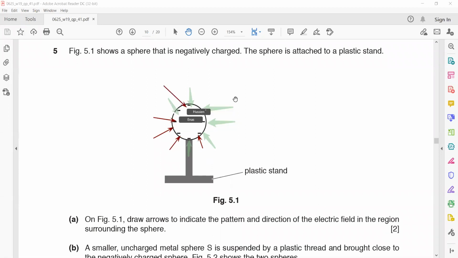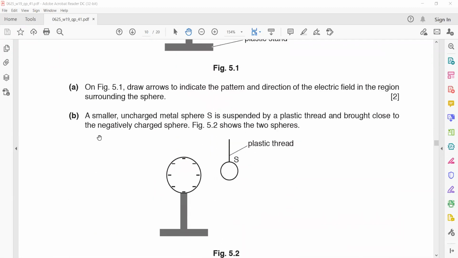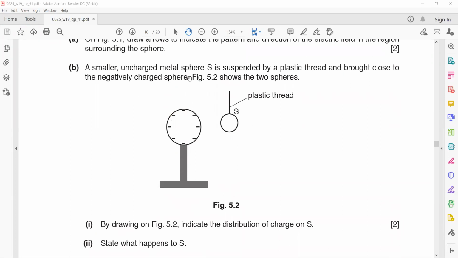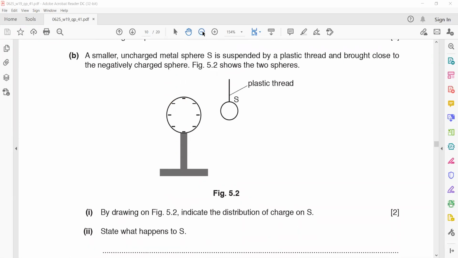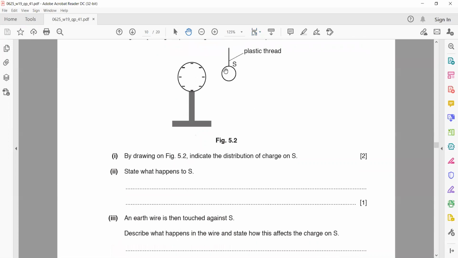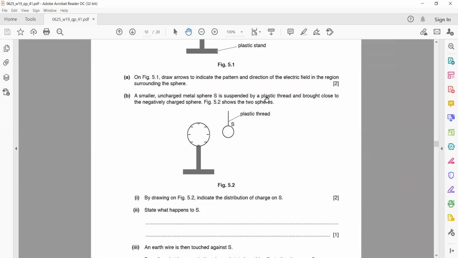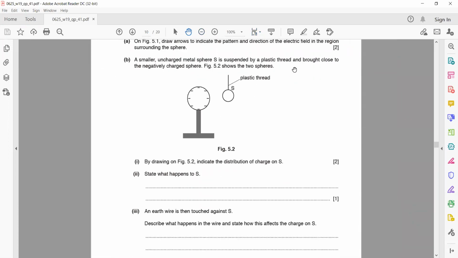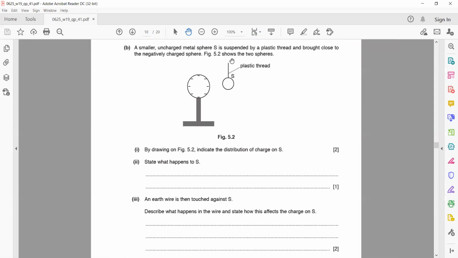The next part: a small uncharged metal sphere S is suspended by a plastic thread, and it is brought close to a negatively charged sphere. Figure 5.2 shows the two spheres. By drawing on figure 5.2, indicate the distribution of the charge in S. You can use screen annotation to show the distribution.